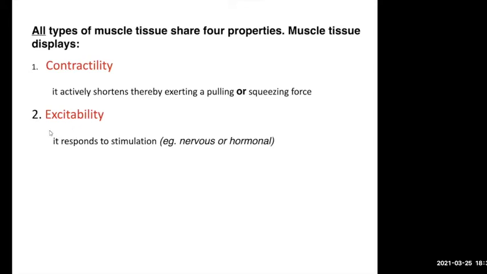property right here is excitability. This is also shared with your nervous system, but your muscles, your cardiac muscles, your skeletal muscles, in response to stimulation by the nervous system, for instance, or hormonal, is going to create a wave of excitation down the length of it.